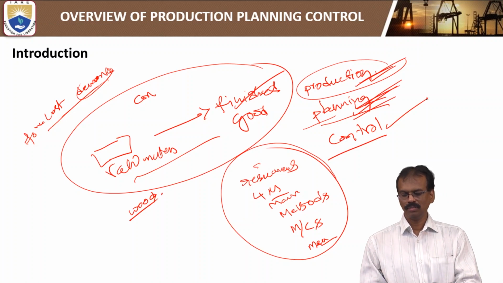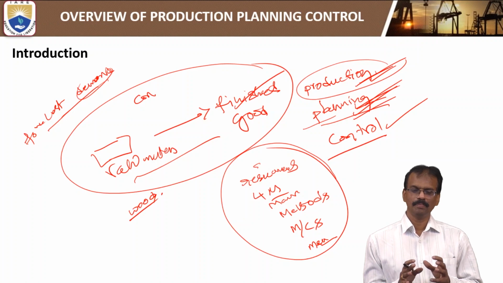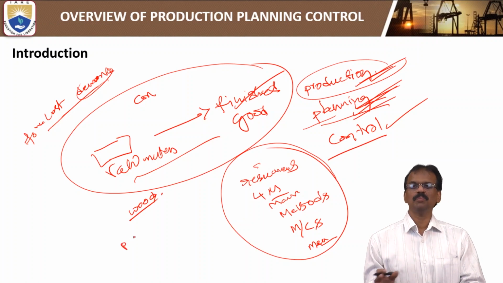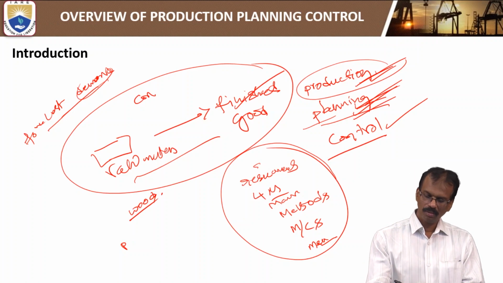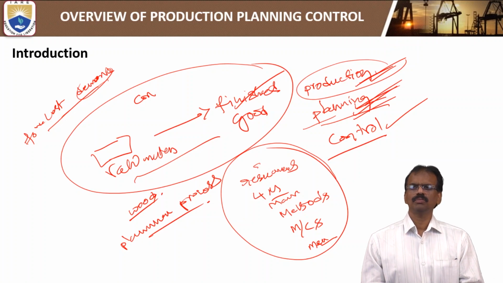Control is matching the pre-planned process and the present process. After completion of the planning process, we will go for the controlling of that process.